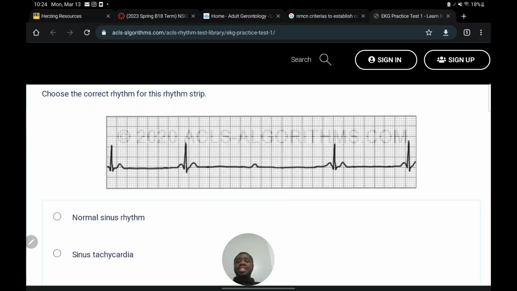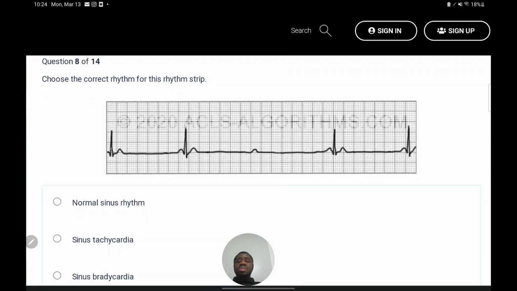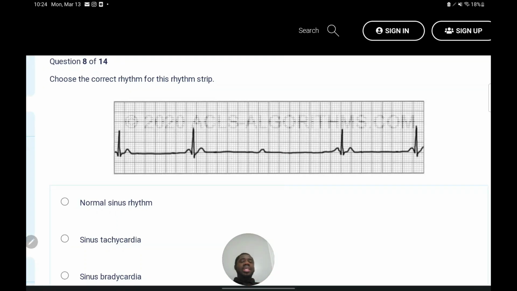So we can say that this graph shows second degree type 2, because in one unit we have a P wave, QRS and T wave complex, then another P wave, QRS and T wave complex, but in the third unit the QRS and T waves are absent, followed by the reappearance of P wave, QRS complex and T wave, and again P wave, QRS complex and T wave, and the next one there will be only a P wave but no QRS complex.